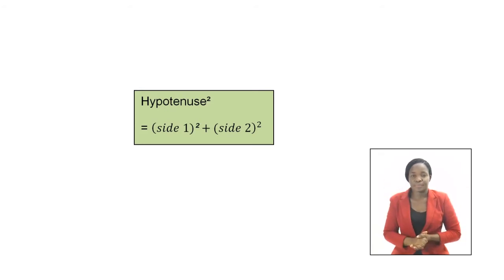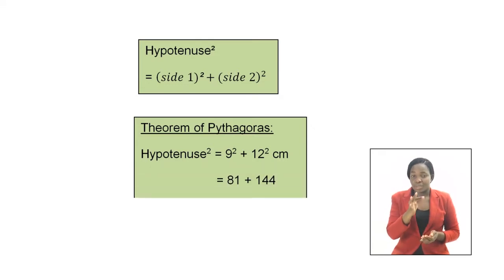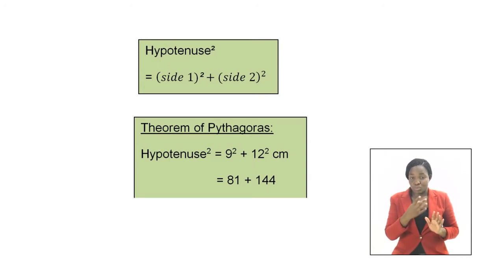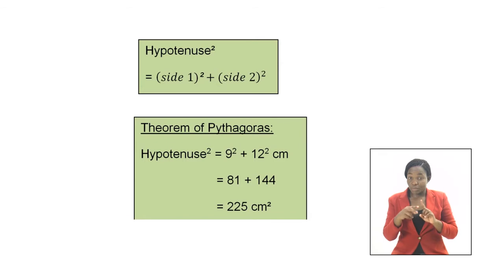Let me help you. The calculation will work as follows. The height is 12 centimeters. The base is 9 centimeters. The hypotenuse squared equals 9 squared plus 12 squared. 9 squared is 81 and 12 squared is 144. Adding up these two gives us 225 square centimeters.